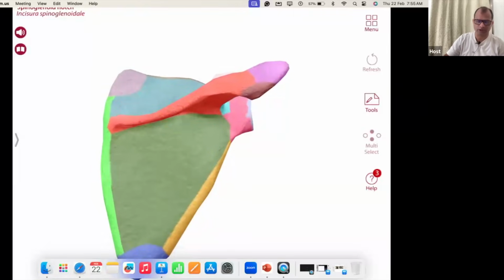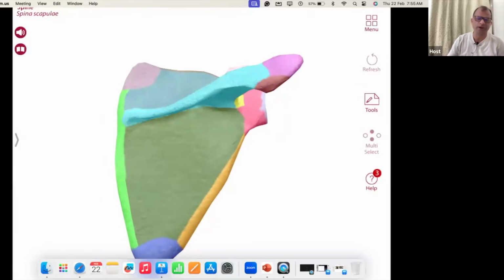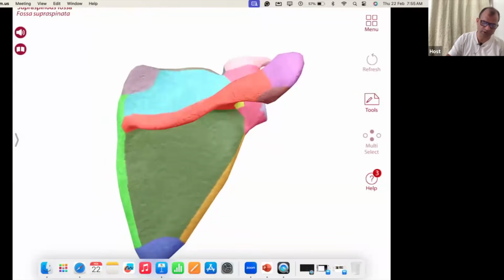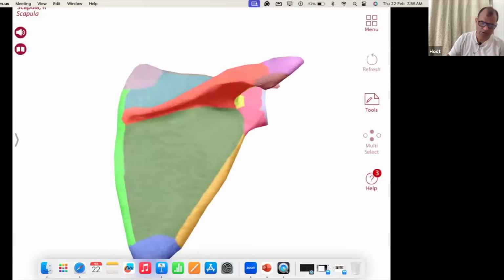So this is the scapula bone. This is the spine of scapula. This is the supraspinatus fossa. This is the infraspinatus fossa.